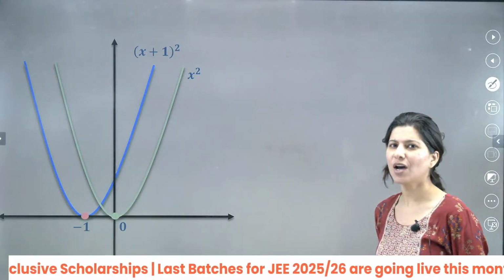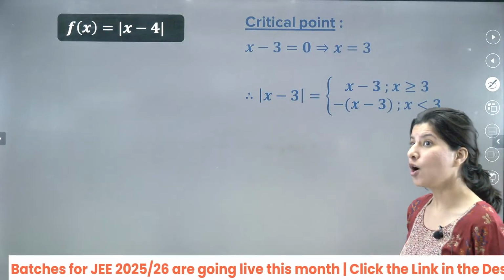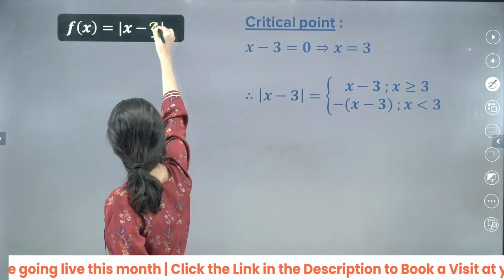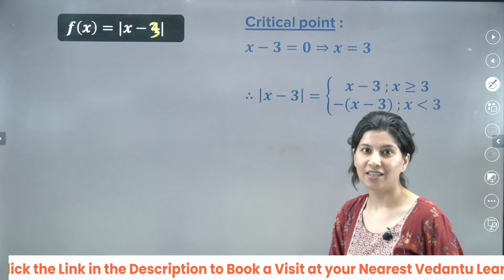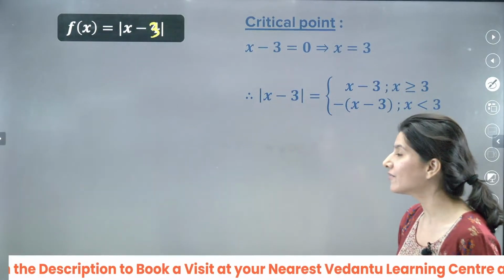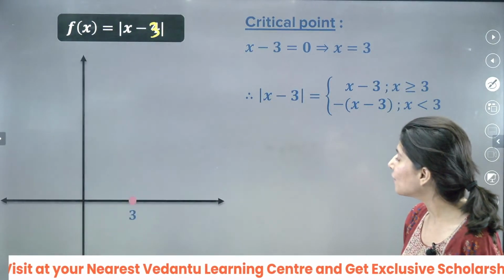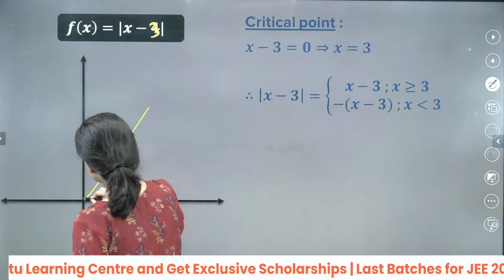Absolutely. Now we will do questions. Now you will understand it very nicely. Now mod of x minus 3. Sorry, this is not 4, this is 3. Now tell me, what will you do? Horizontal or vertical? First of all, we will plot the graph of mod x. Mod x will look like this.